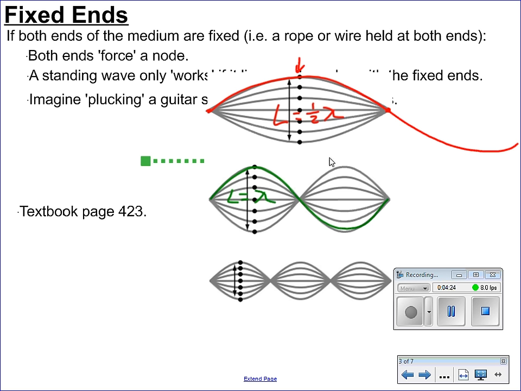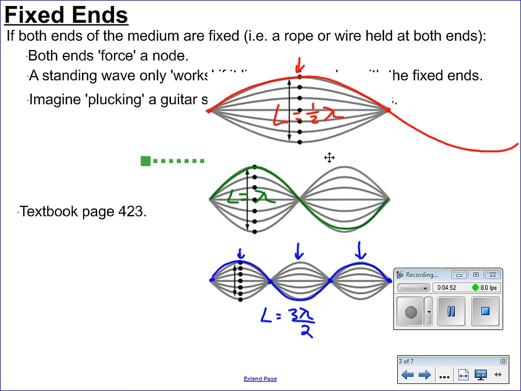Going further, and some of you managed to do this, if you have 3 antinodes, with 4 nodes, if you trace this one out, you get 1 wavelength plus another 1/2. So the length of this string is 3 lambda over 2, or 1.5 wavelengths.